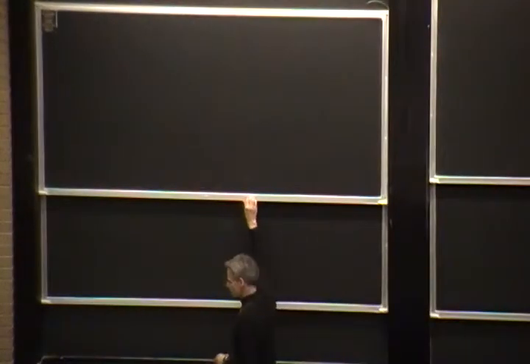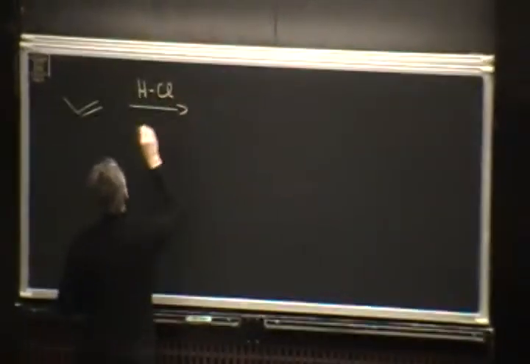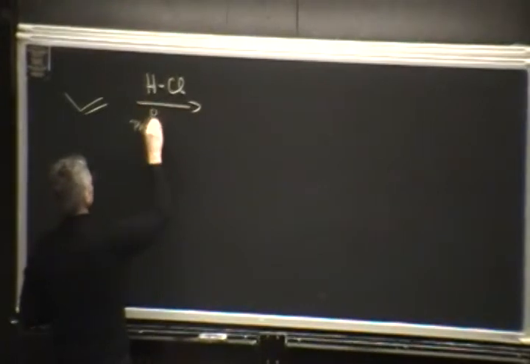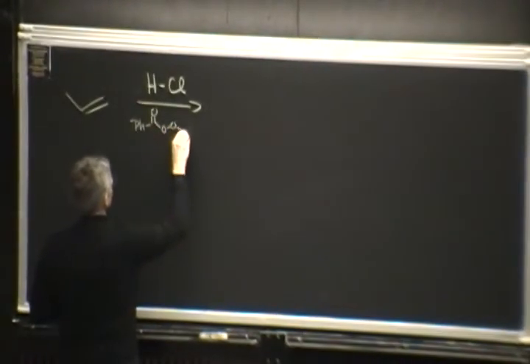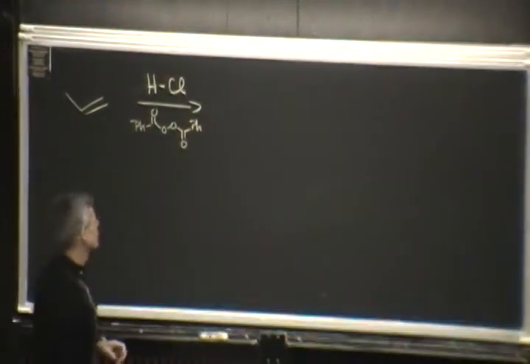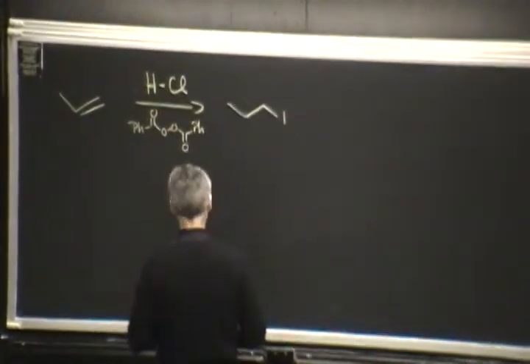I've already given you the general equation as well as a few key points. The reaction starts with propene and uses HCl, and the key is the presence of a radical initiator. We've seen that this is dibenzoyl peroxide, which you only need in catalytic, small amounts, and that gives you the terminal halogen.